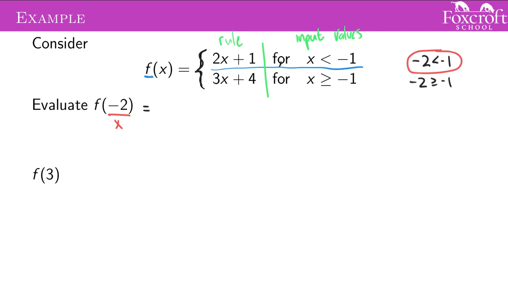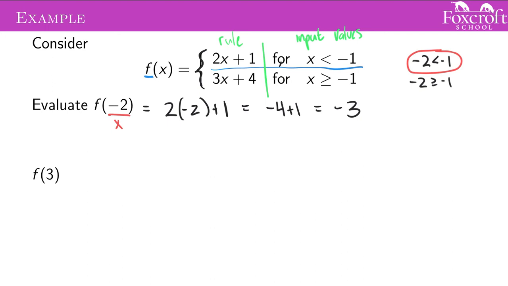So I'm going to use the top rule, which says I use 2x plus 1, but again, I'm replacing the x with -2, so 2 times -2 plus 1. It's just like I'm plugging into a normal function, but I have to do that one extra step first to make sure I'm using the correct rule. And I get -3. And so f of -2 is -3.